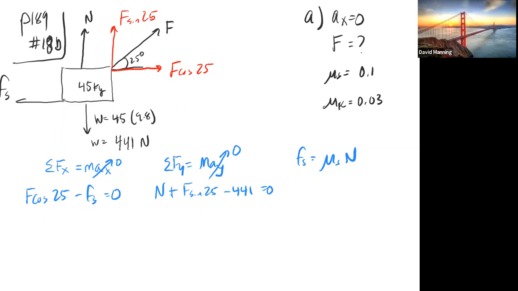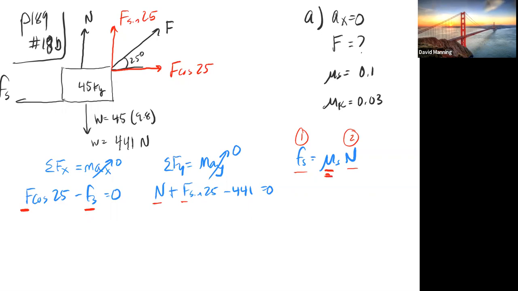So we don't know either of those. We can't solve either of these. We don't know N, and we don't know F, and we don't know fs. But what we can do is set up a relationship to isolate F. We can solve the first equation for fs and the second equation for N, and relate them by the ratio mu s.